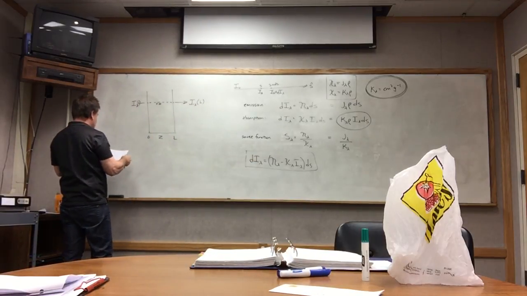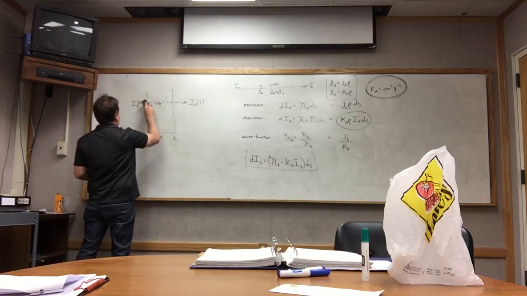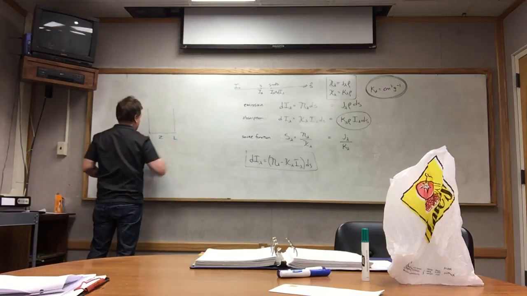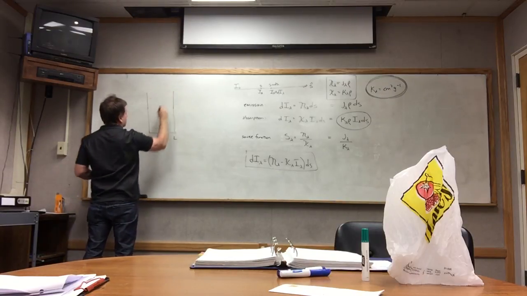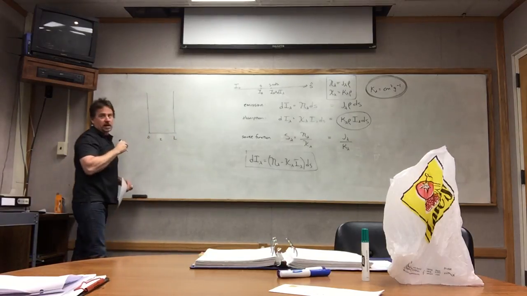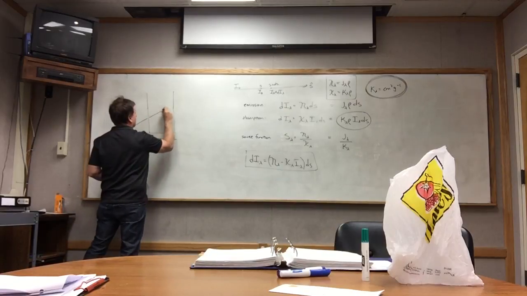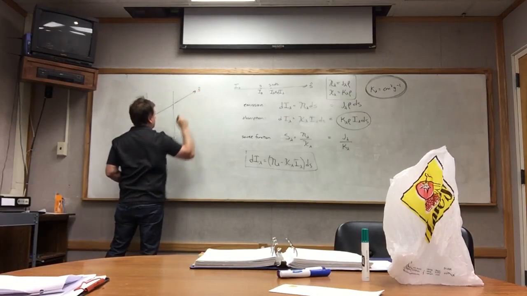The thing is, what if the geometry is such that the observer is not exactly downstream with respect to the coordinate system of your gas cloud? What if it's going like this? Okay, and this is the s hat direction.